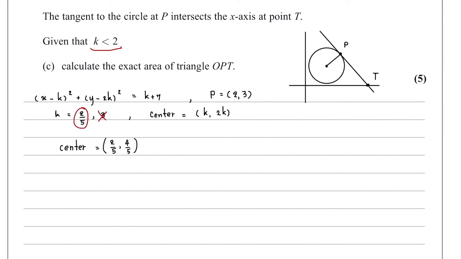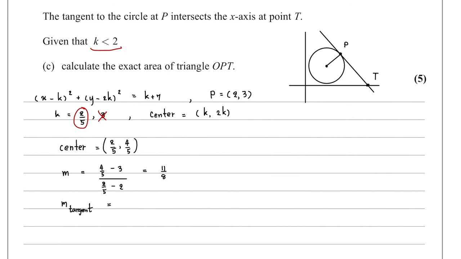Then we have to find the equation of the tangent line. We already know the coordinates of this point and this point. So we have to find the gradient of this line first, then we can find the gradient of this line. So the gradient of this line from the center to P is (4 over 5 minus 3) divided by (2 over 5 minus 2), which is 11 over 8. That's the gradient of this line. And according to circle theorem, we know that these two lines are perpendicular, so we can find the gradient of the tangent line.